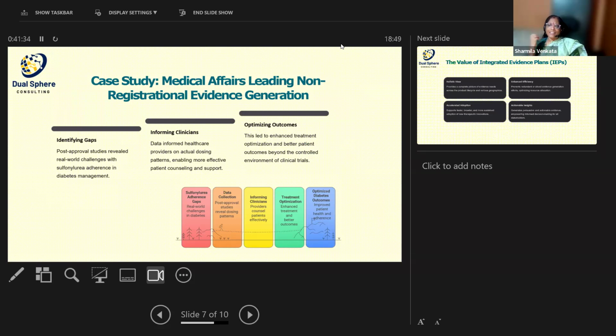Through a diabetes case study, where real world evidence made the tangible difference in patient care. Okay, here we are seeing a case study.